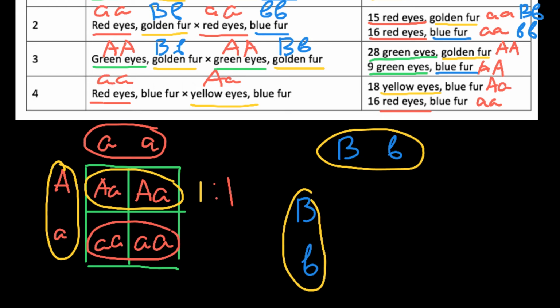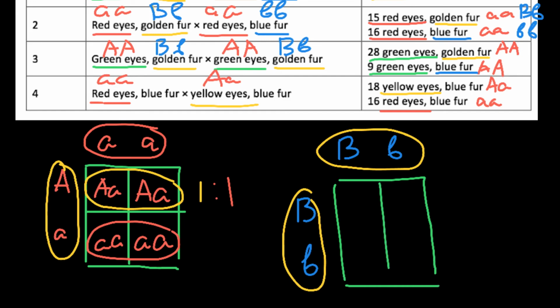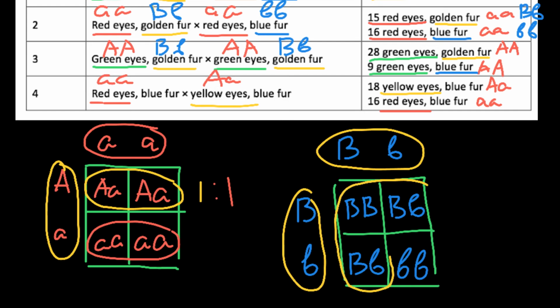And when we build a simple Punnett square, let's see what we are going to see. Capital B, capital B here, capital B, small b here, capital B, small b here, and small b, small b here. 3/4 as a result of such a cross would have golden fur, because the dominant allele B is completely dominant over the recessive allele b. And 1/4 would have blue fur.